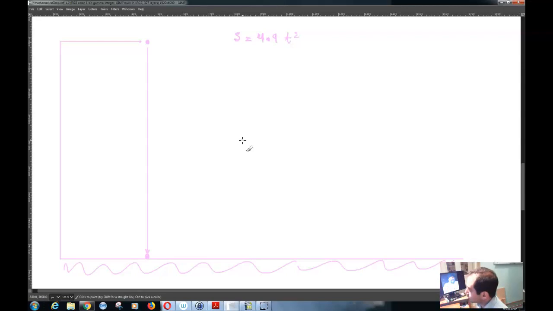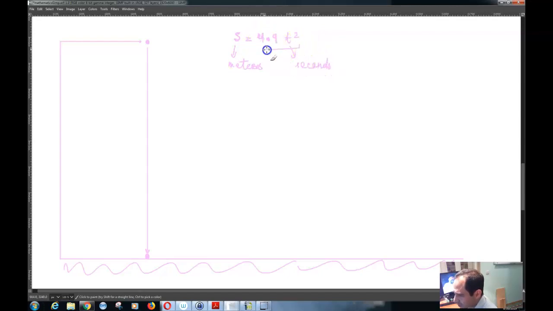We said that physical experiments have confirmed that a body dropped from a tall cliff like this covers a distance of 4.9 t squared meters in t seconds. That means your S will be in meters, and your t is going to be in seconds.